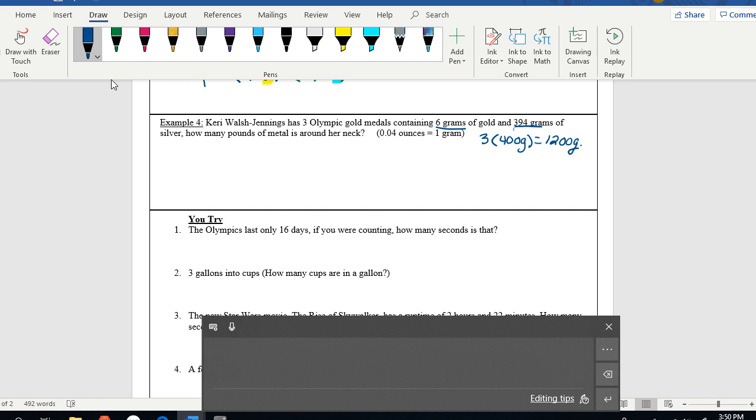Okay, so now it says how many pounds. So I'm going to have to take this 1,200 grams. Now I'm going to put it over 1 because that's my starting number. And I'm going to multiply by, okay, I can't take ounces to grams.